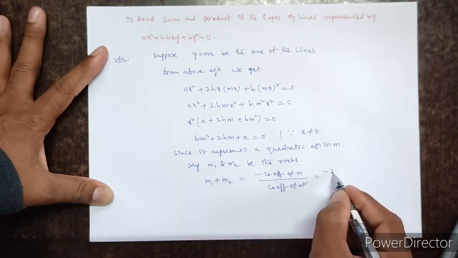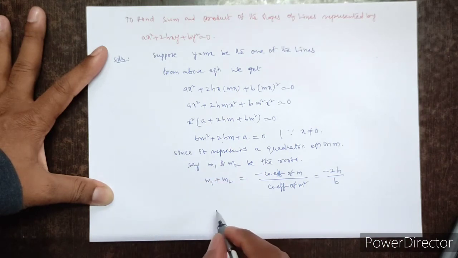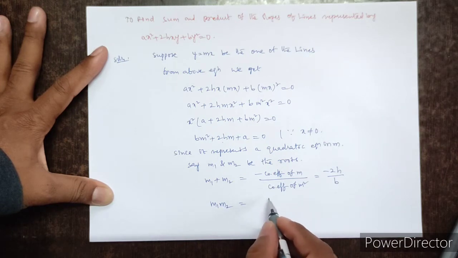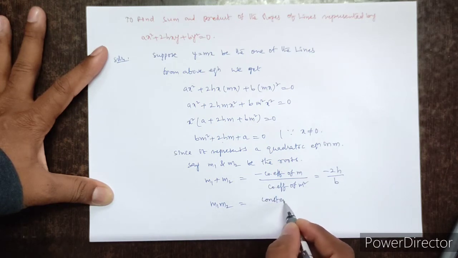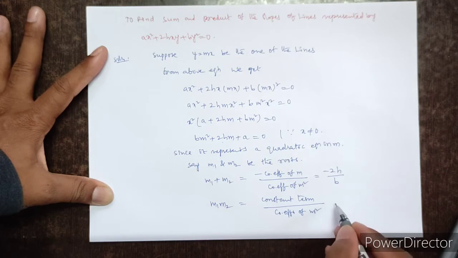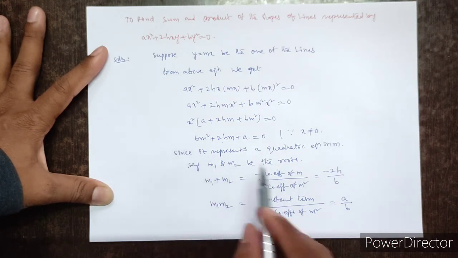This is 2h, so minus 2h by, coefficient of m square is nothing but b. Same way product m1 and m2 equal to c by a, constant term by coefficient of x square. So here constant term by coefficient of m square, that equal to a by b.